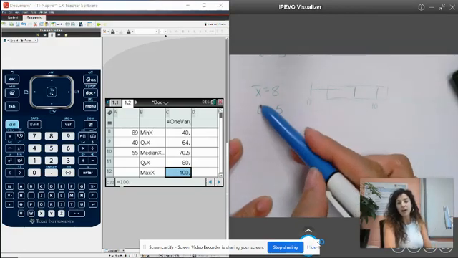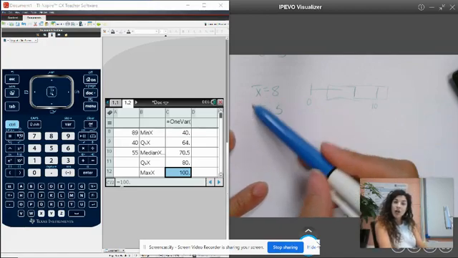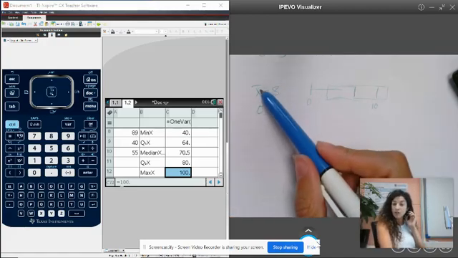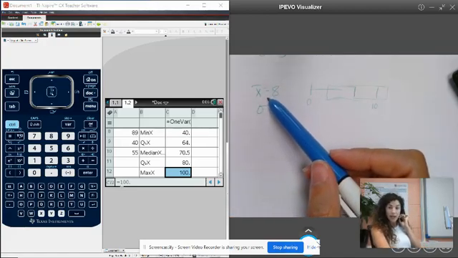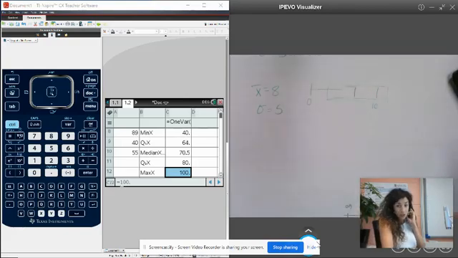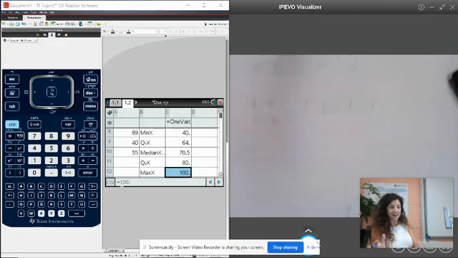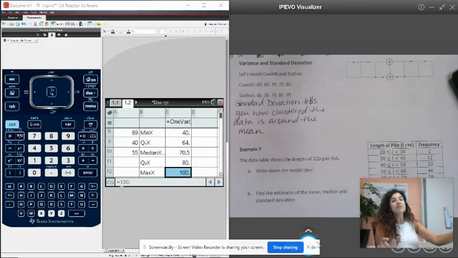If your standard deviation is really large compared to your total range, then your mean is not a good representation. So it's all about context. Standard deviation tells you how clustered your data is around the mean, and the number doesn't mean anything unless you take it in context with the situation.